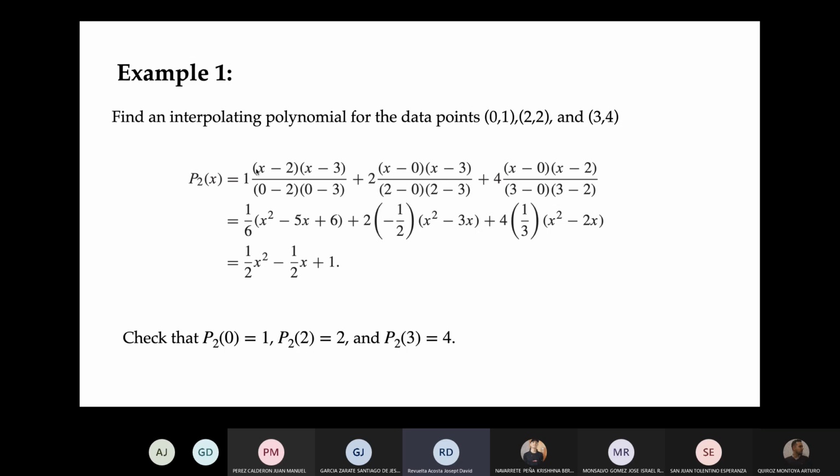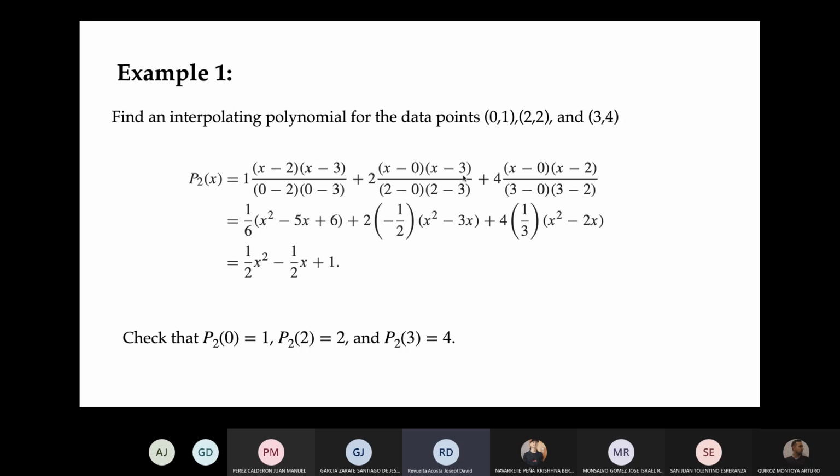Then we have x minus x2, which is 2, times x minus x3, which is 3, and then for the first term x1 minus x2 and x1 minus x3. And then plus 2.